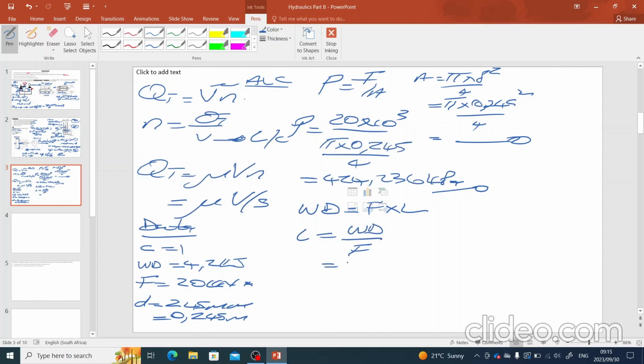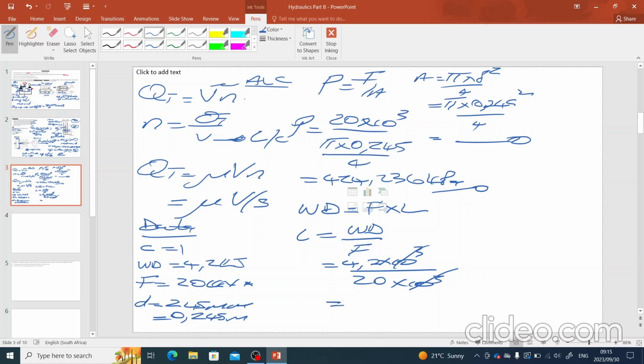Then our energy is 4,2 times 10 to the power 3 divided by 20 times 10 to the power 3. This 10 and that 10 will cancel out. Then we are having 4,2 divided by 20.